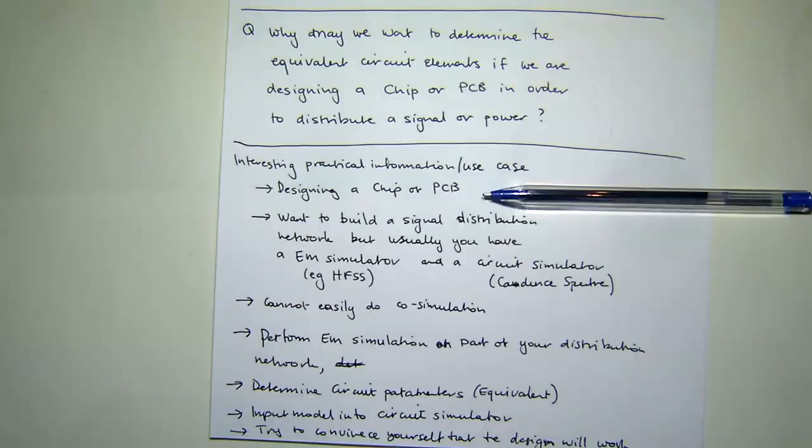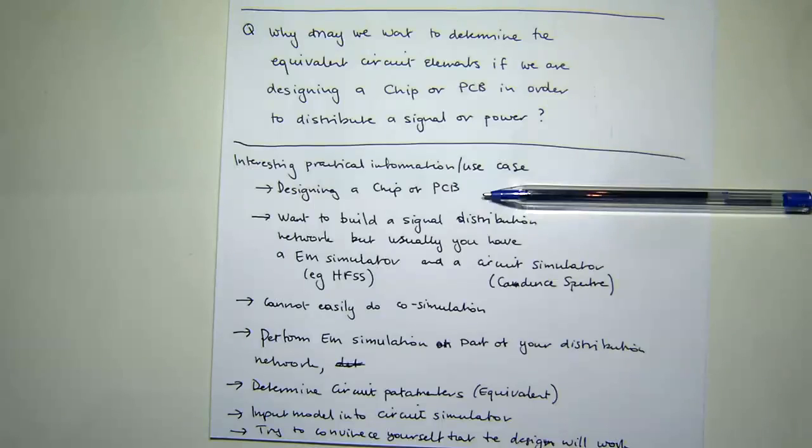So what you do is you build a segment of transmission line, and based on all the parameters like the dielectric constant, the loss tangent, and the resistivity of the metal that you're using to build your tracks on your PCB, you put that in your electromagnetic simulator, and it gives you the electric and magnetic fields, and the characteristic impedance of that piece of transmission line.